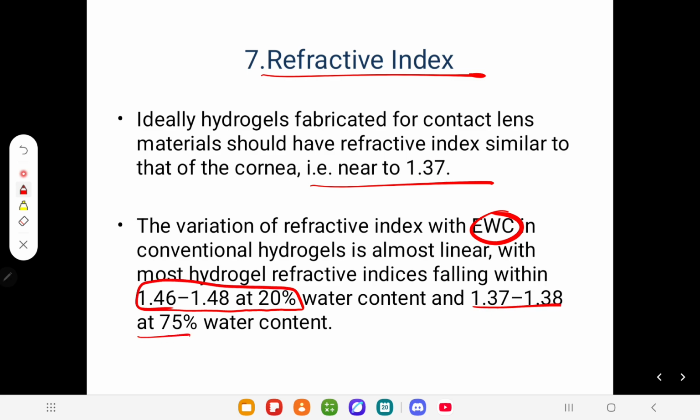Refractive index decreases as the water content increases. That's a very important relationship you have to understand. As water content increases, refractive index decreases. Remember this, and just remember a gross idea about the refractive index of soft contact lenses. It will be helpful in your journey.